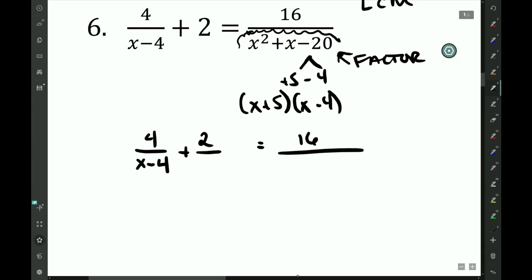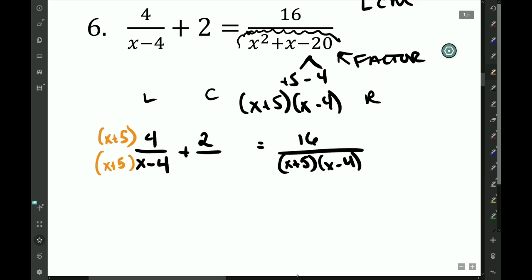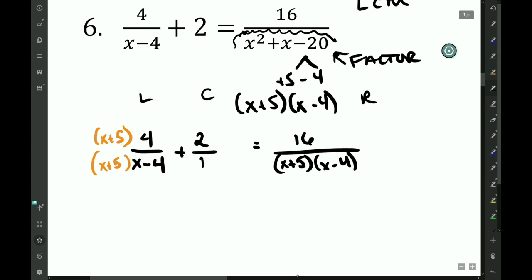Sorry, the x plus 5 and the x minus 4. And again, left, right, center. Okay, the left fraction is going to need an x plus 5. The neat thing is the 2 is really over a 1, and they already have an imaginary 1 in front of everything, so you don't really need to worry about that.